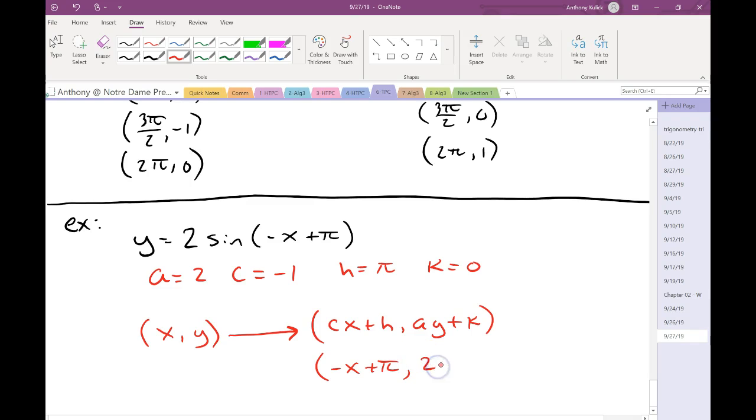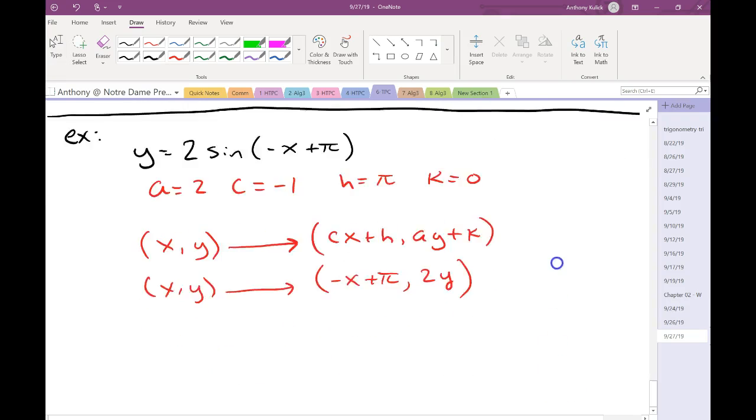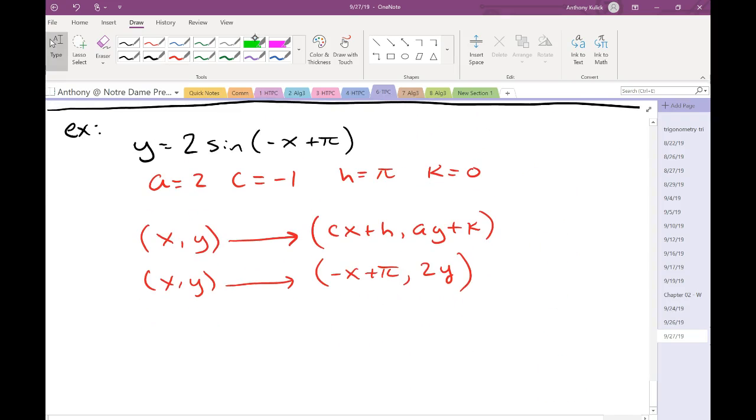A is 2, and then K is 0. Everybody okay with how I filled the values into that map? And since the function we're talking about is a sine function, I'm going to use the key points for sine.